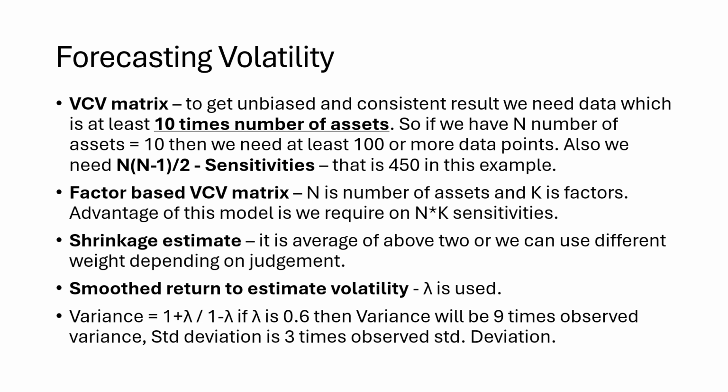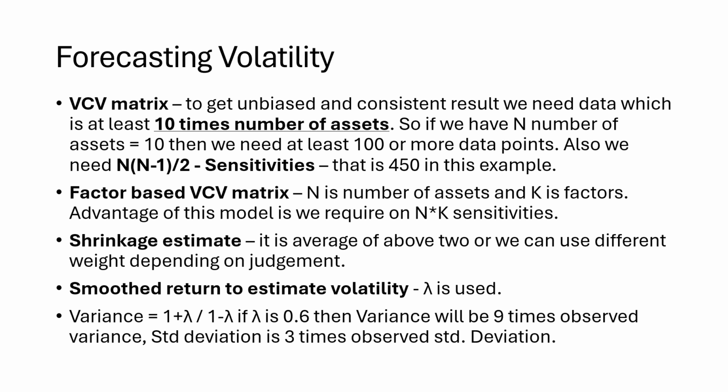To overcome this limitation of the VCV matrix, factor-based VCV matrix is used. Now, instead of using the number of assets, factors are used. So, n number of assets are there, k is the factor. Now, factors are less than the assets. And advantage of this model is we require very less number of sensitivities.